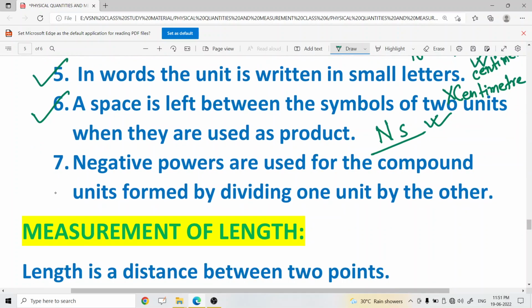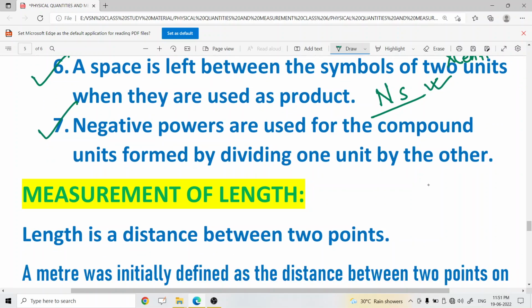And the last one, the seventh convention, is that negative powers are used for compound units formed by dividing one unit by another. Suppose we take a unit like meter per second, or meter divided by second, then we can write m s to the power minus 1.